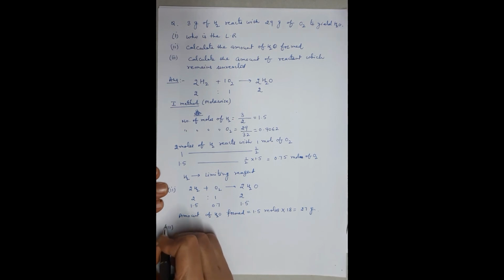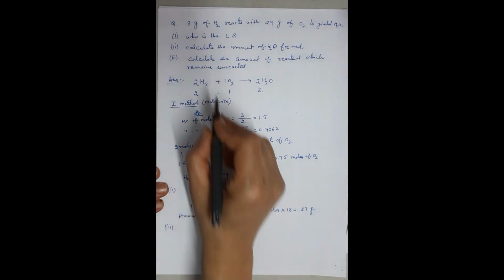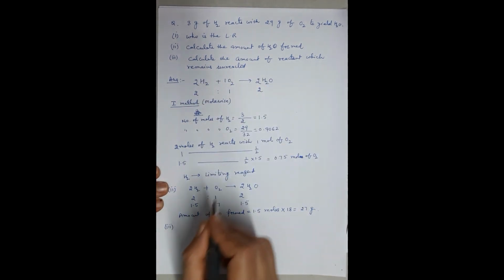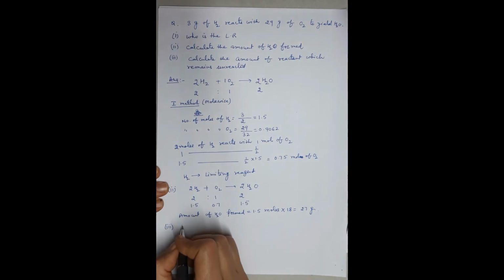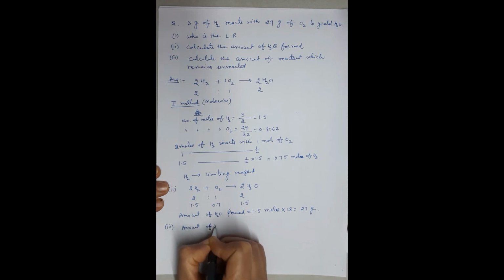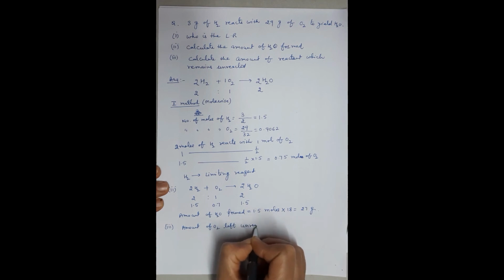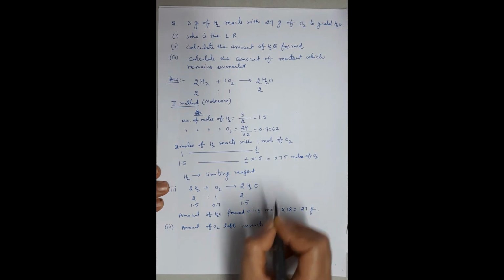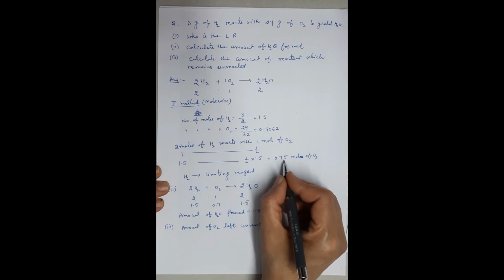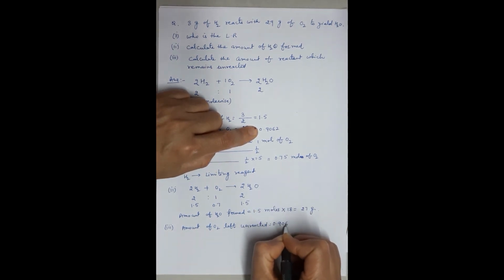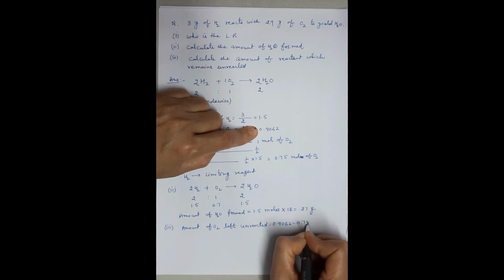Third part is calculate the amount of reactant which remains unreacted. So oxygen remains unreacted, it is not the limiting reagent. So the amount of oxygen left unreacted. Beta, this is the amount of oxygen which has been consumed, and the total amount is 0.9062 minus 0.75.